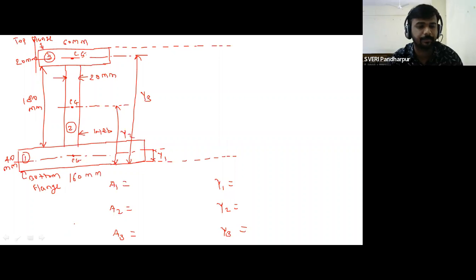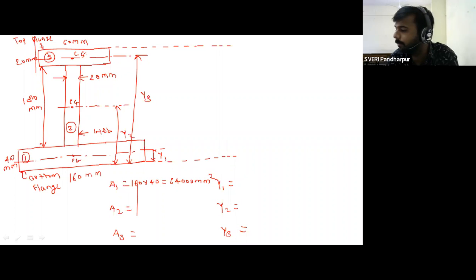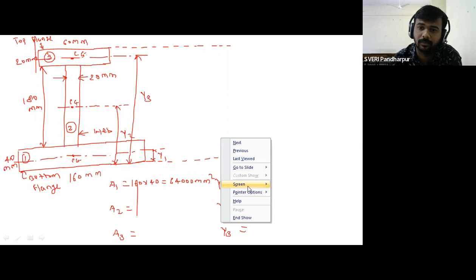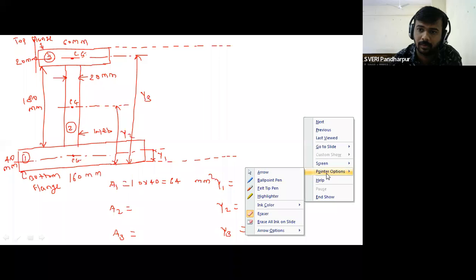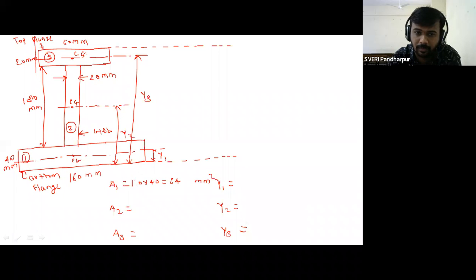So what is the area A1? 160 into 40, which is equal to how much? 6,400. Then what is the y1 distance? 40 divided by 2 is equal to 20 mm.